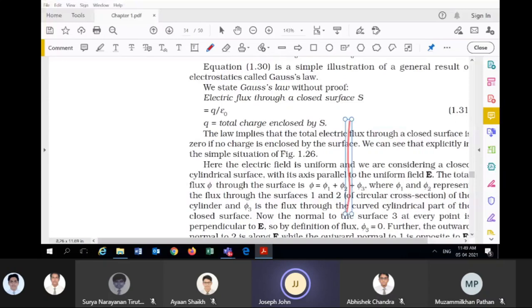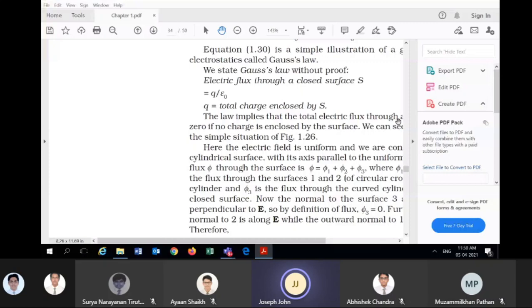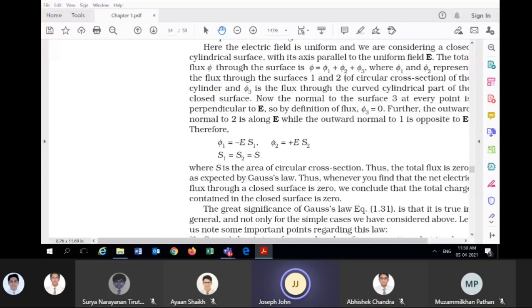Can you write the heading? Applications of Gauss's law. That is important, please.